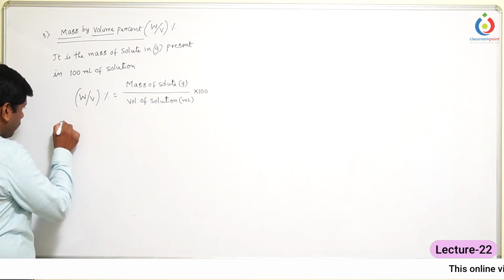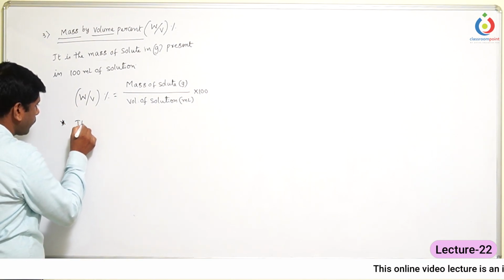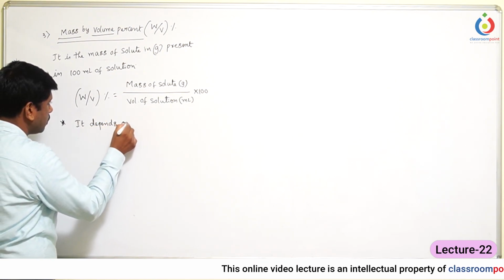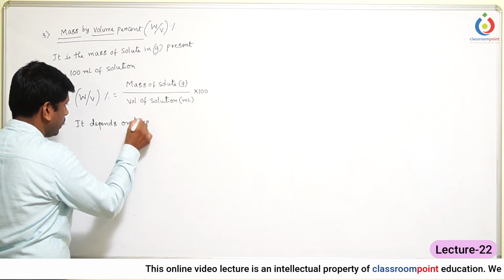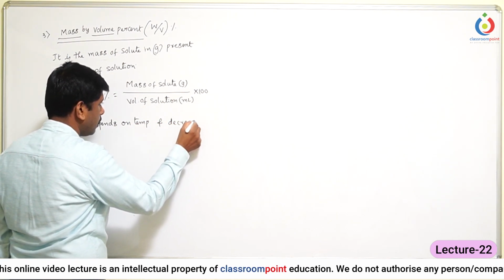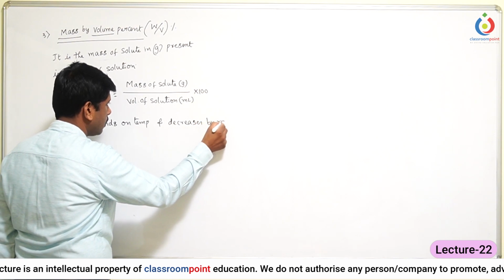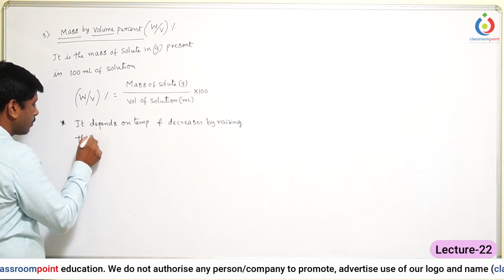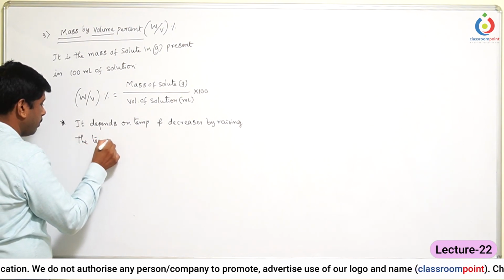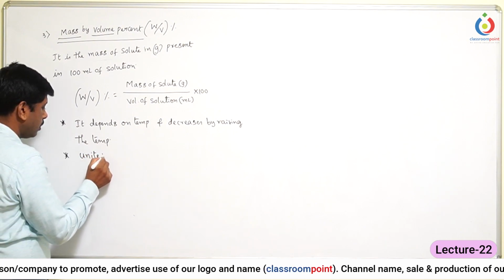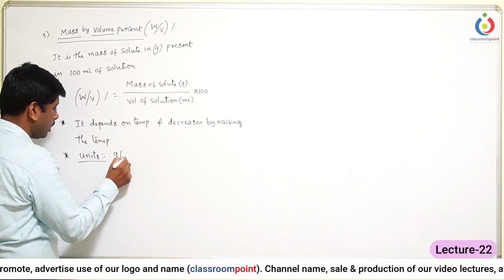So here we can write down that it depends on temperature and decreases by rising the temperature. What about the units? Units are grams per ml.